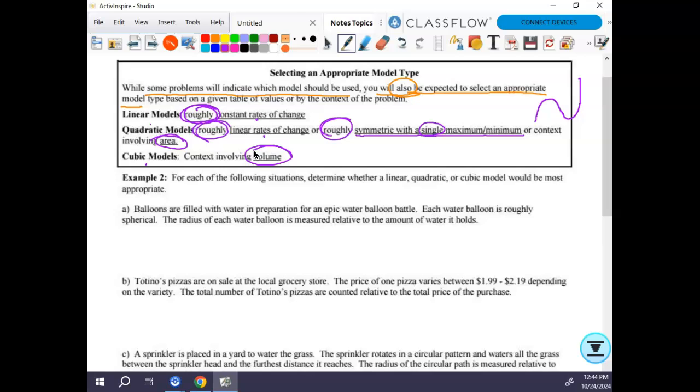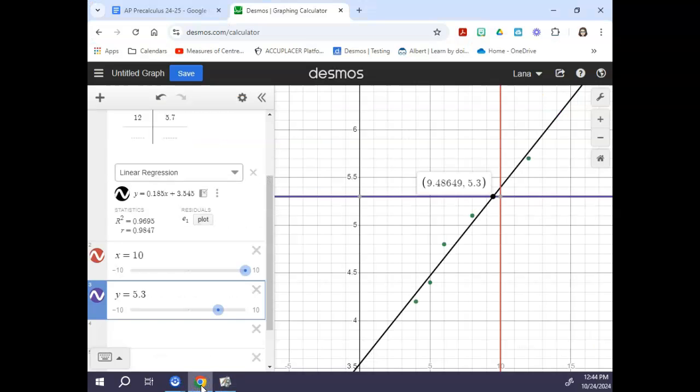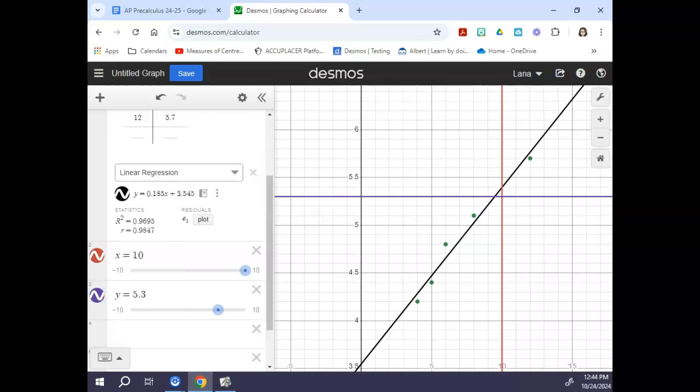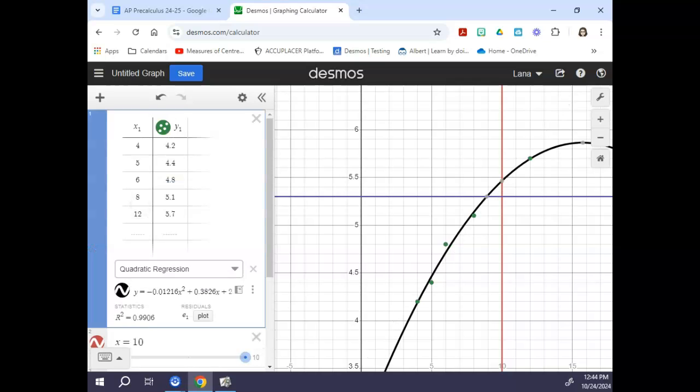So I want to show you, let's go back to this. And linear, we knew to use that because they told us to. But when you look at that data and then I make it quadratic, does that look like a pretty good fit too? But in the context of the question, does that really make sense? No, we're talking about age and the weight of the baby. We hope that weight is increasing.